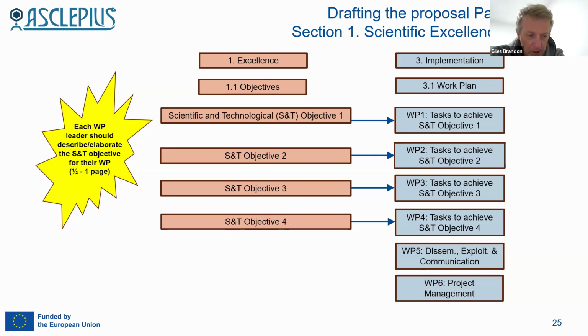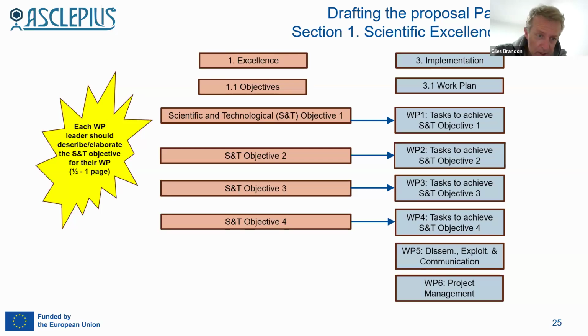In that description, I want you to very concisely explain what is the state of the art relevant to that objective. Ideally, explain how your organization is in relation to that. Presumably you've got research papers, make sure you reference those.